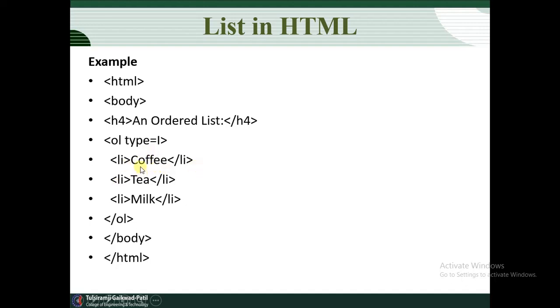These are the sub-elements: coffee, tea and milk, written in the LI tag, where we open the tag and close it. After that we close the OL tag, and then we close the body tag. So this is an example of an ordered list. When we require elements to be specified in a particular order, under those conditions we use the OL tag.